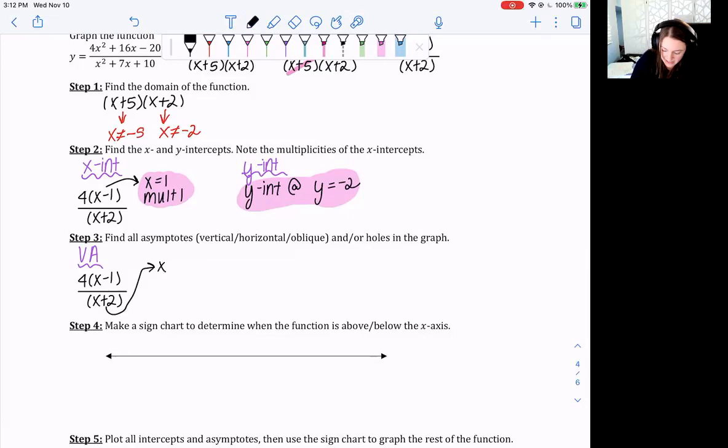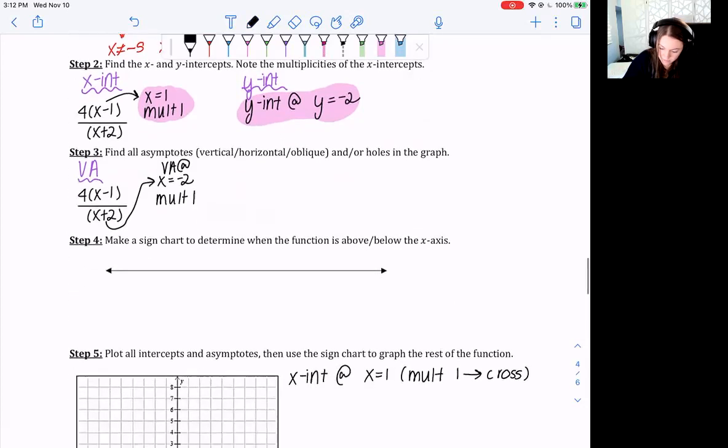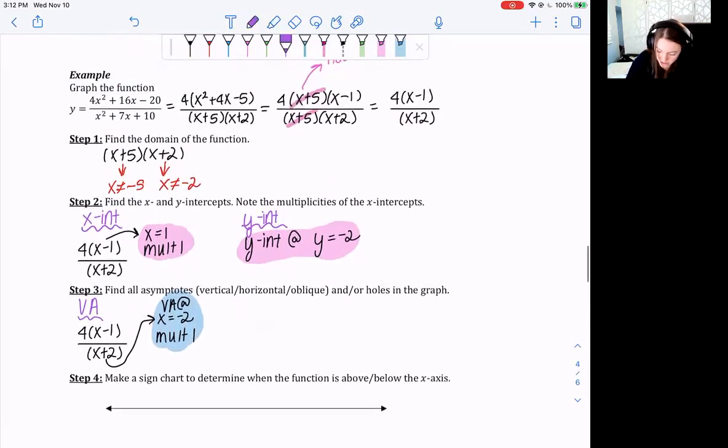You do have one at -2. And the multiplicity is 1. So it's going to go opposite directions. I'm rushing, I really want to make sure we get through.